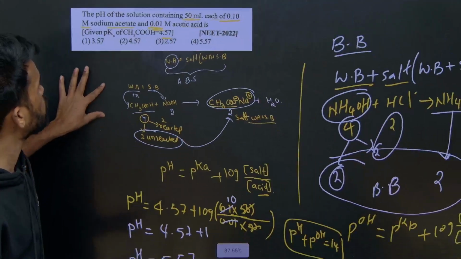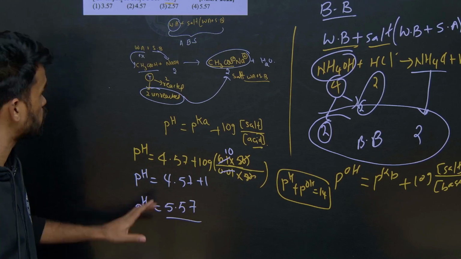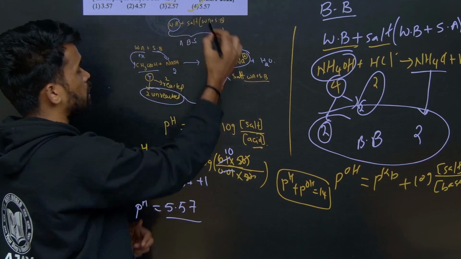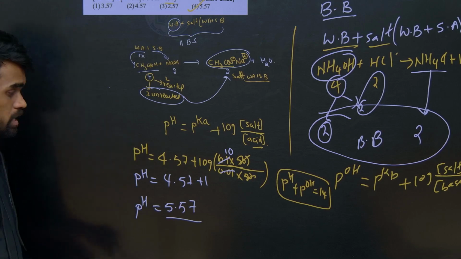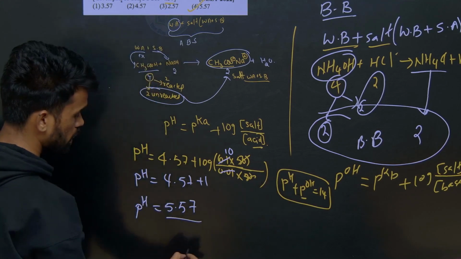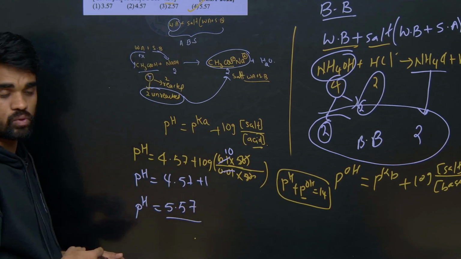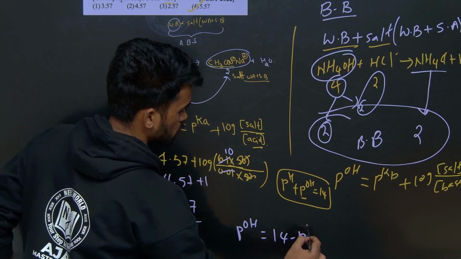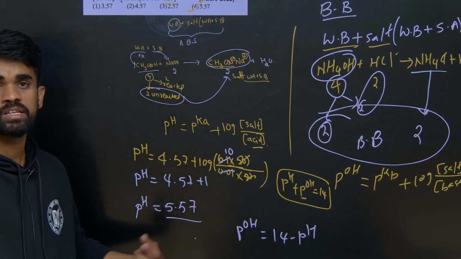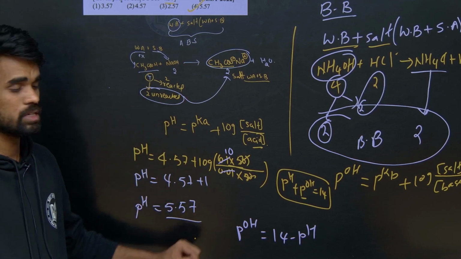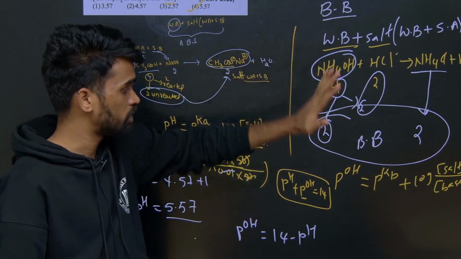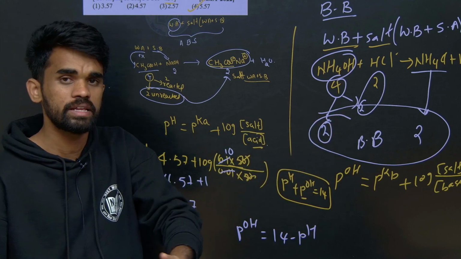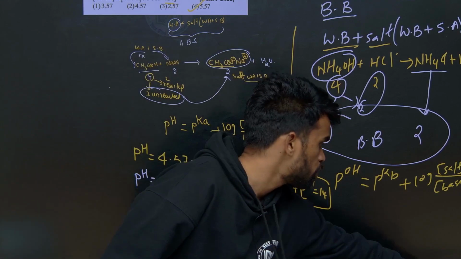If they ask about pOH, what can we do? pH plus pOH equals 14, therefore pOH equals 14 minus pH. So 14 minus this value gives our pOH for this acidic buffer. Similarly, for basic buffers, you can first calculate pOH, then convert into pH if the question asks for it. I hope it is also clear.